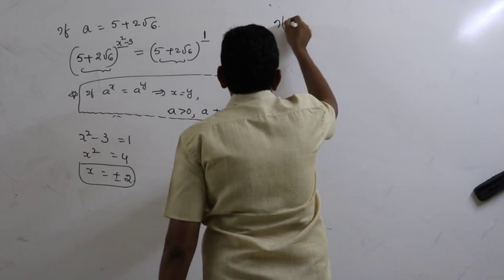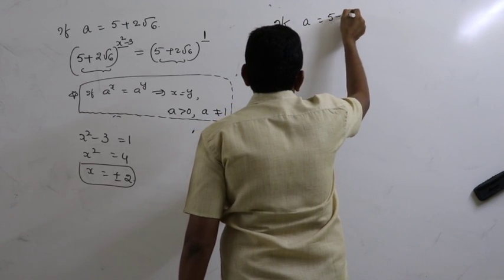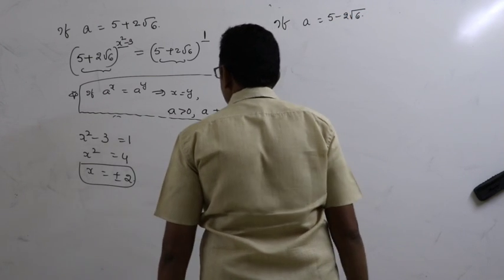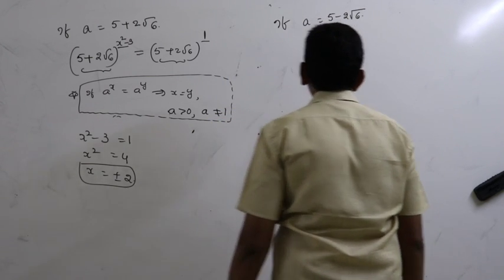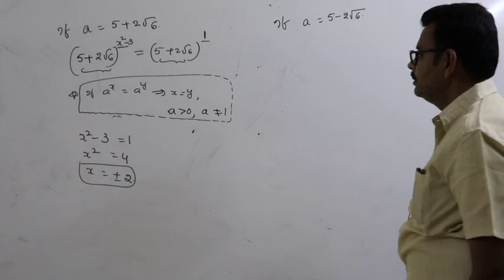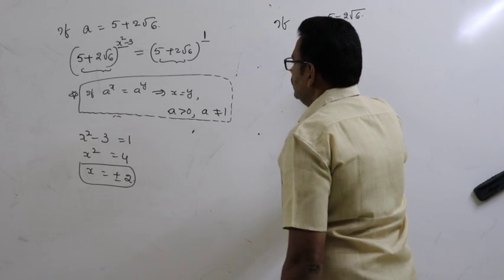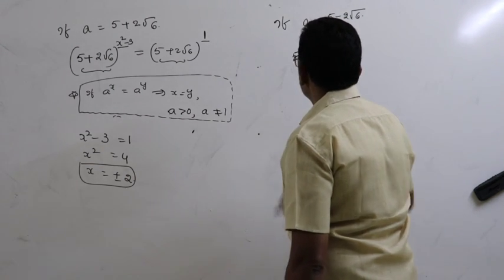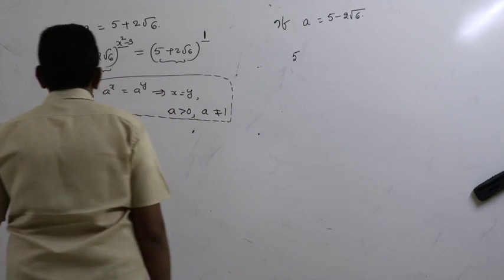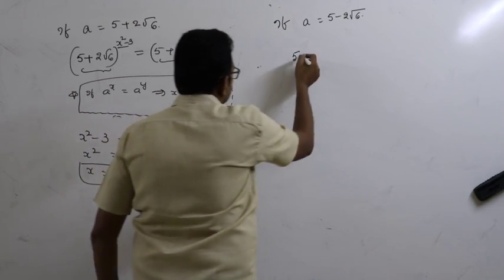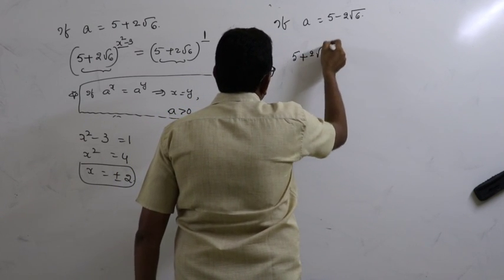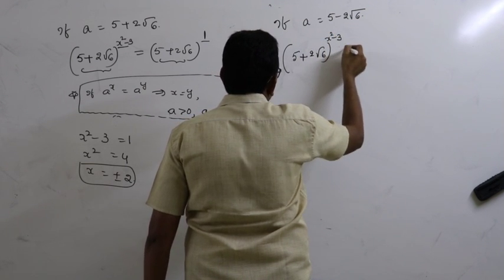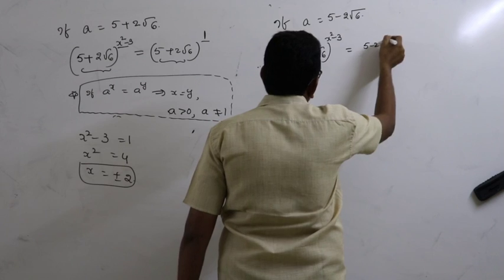Next, the second one: if A is equal to 5 minus 2 root 6, where I am taking A is 5 plus 2 root 6 whole power x square minus 3 is equal to 5 minus 2 root 6.